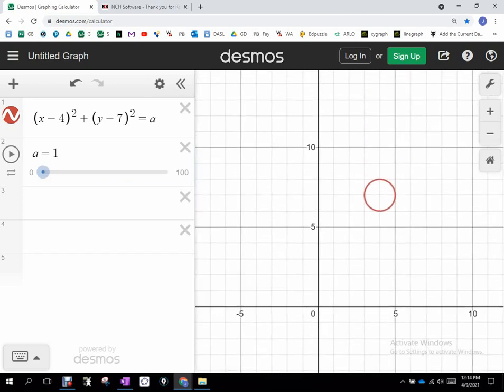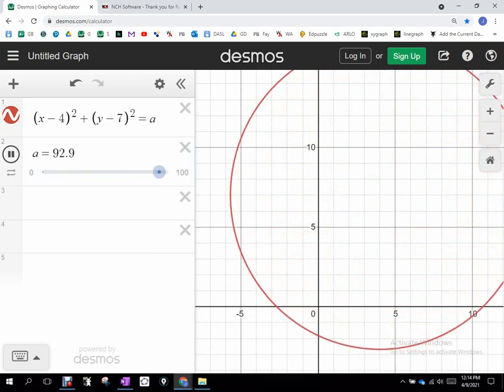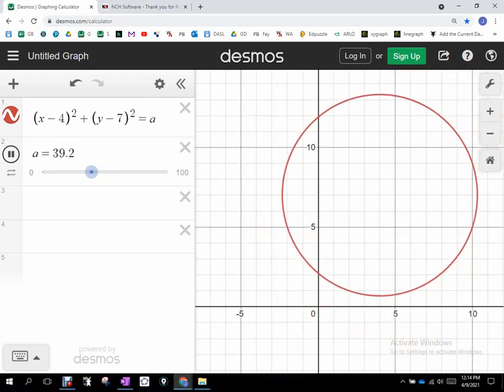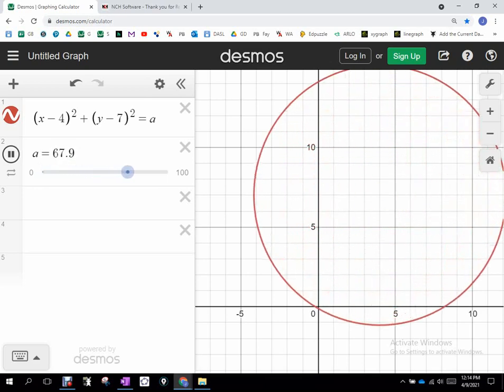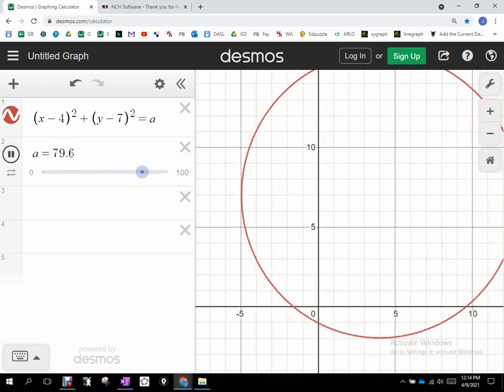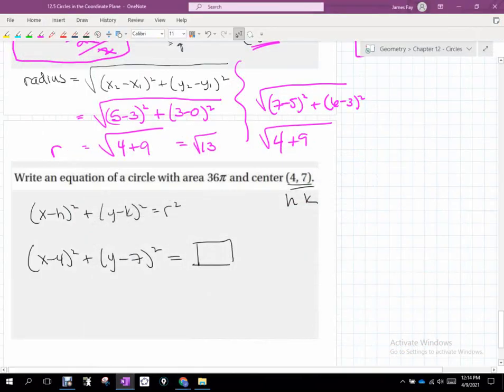If I were to let A be any number, you see all those different circles that have the same center of 4, 7, right? Okay. And if all those circles have a different radius, then all those circles obviously have a different area, correct? We want to find the one that has an area of 36 pi.